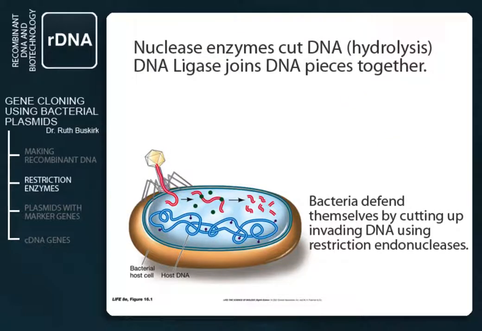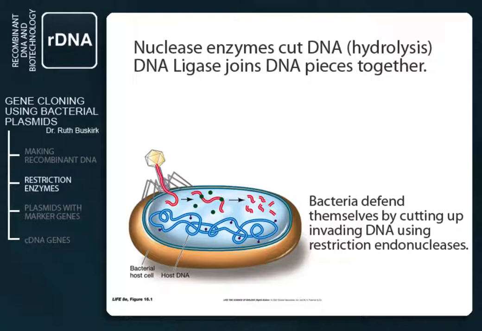The first challenge in gene cloning is making recombinant DNA. To do this, we need enzymes called nucleases to cut the DNA, and the enzyme DNA ligase to join the pieces together. Since we want to control exactly where the DNA cutting occurs, we use restriction endonucleases.